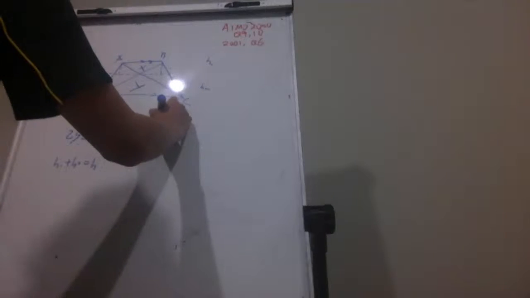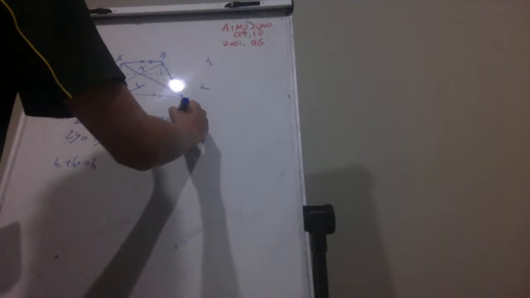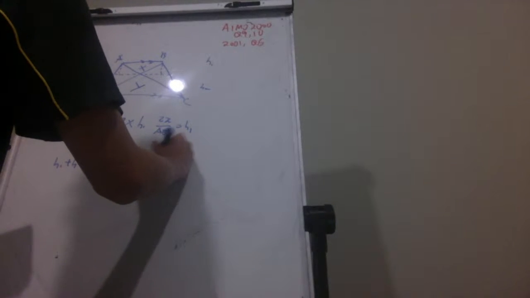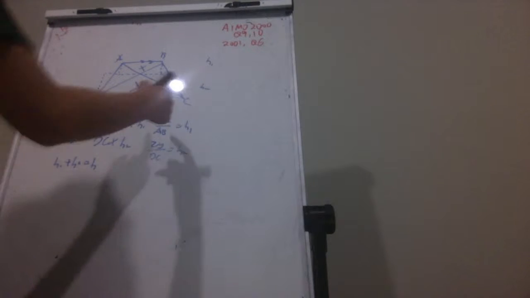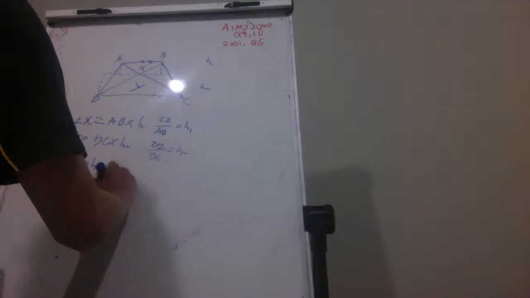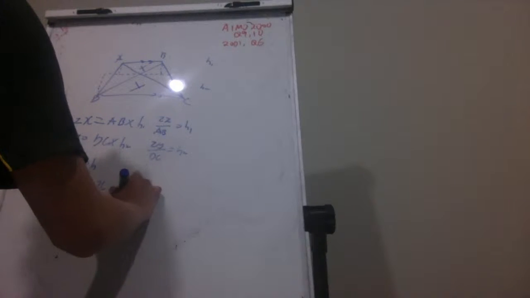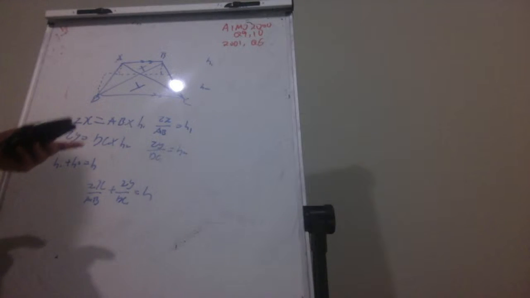So then 2x over AB is equal to h1, and 2y over DC is equal to h2. If you add these two together, 2x over AB plus 2y over DC is equal to the height. Then we can find the area of the trapezium.